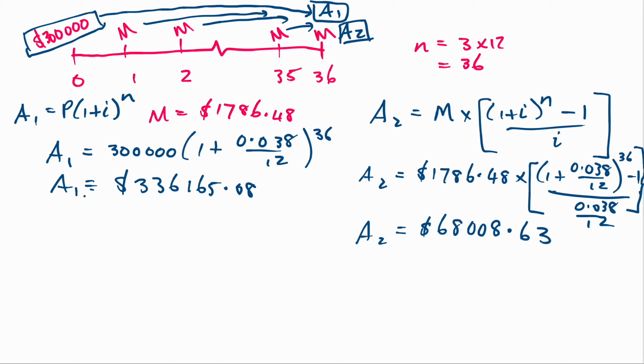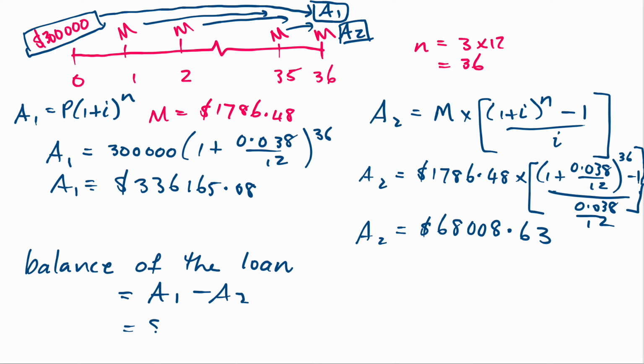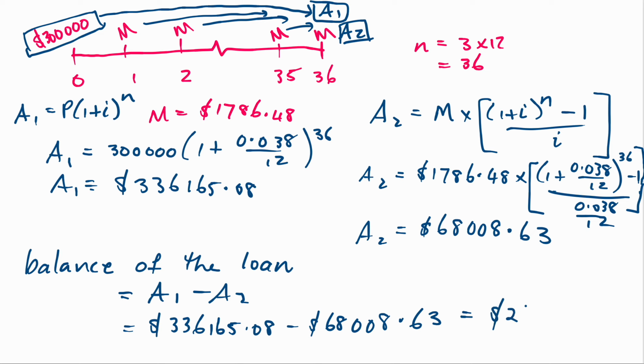All we've got to do is put that straight into the calculator, and that gives us $68,008.63. So now the balance of the loan, the A1 minus the A2, comes to $268,156.45.